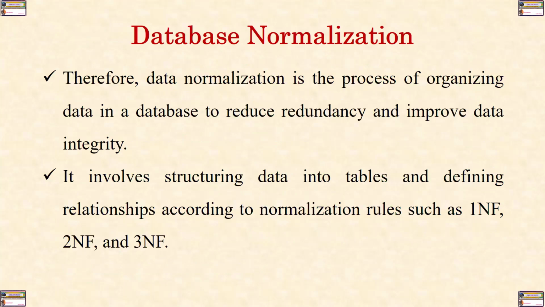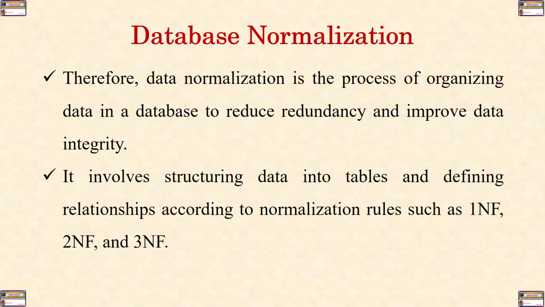So, what is database normalization? Database normalization simply entails data normalization. And what is data normalization? Data normalization is the process of organizing your data in a database to reduce redundancy and improve data integrity.